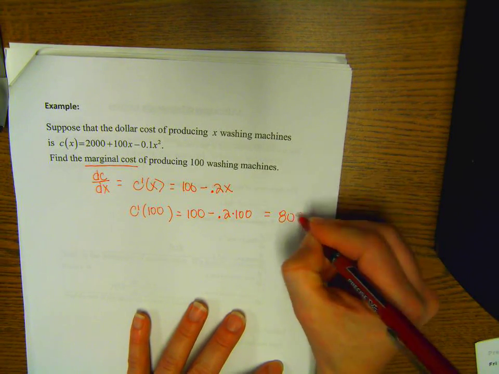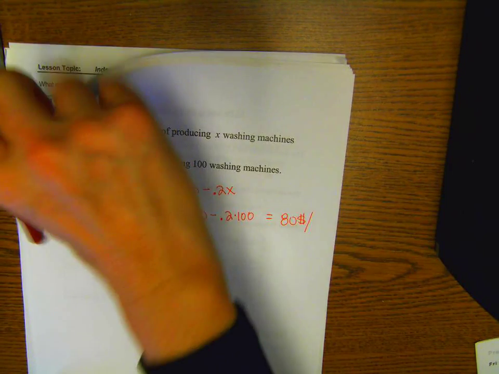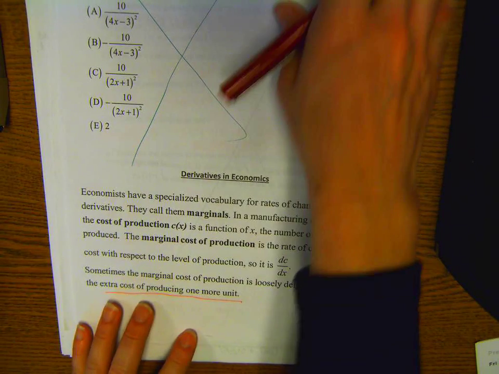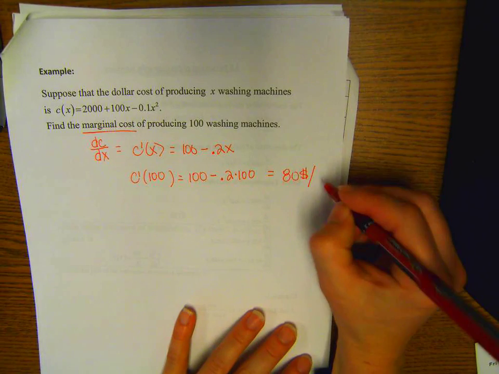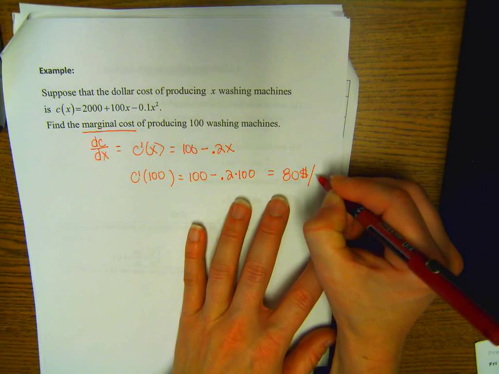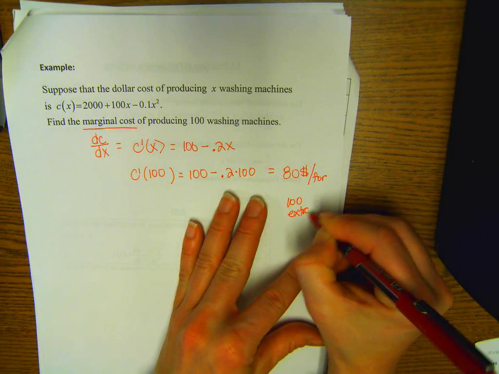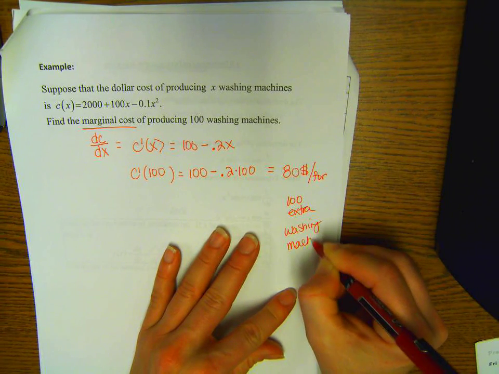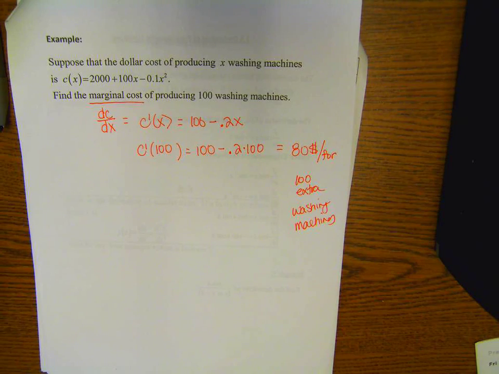So $80. Okay, and then if we go back and look, it says it's extra cost of producing one more, loosely. So really, it's going to cost them $80 more for producing those 100 extra washing machines.